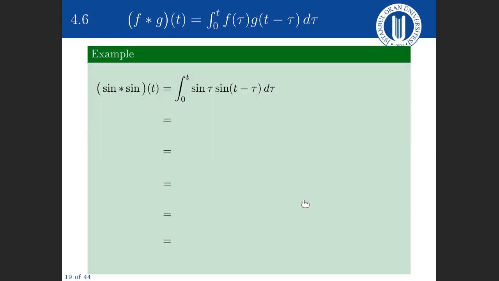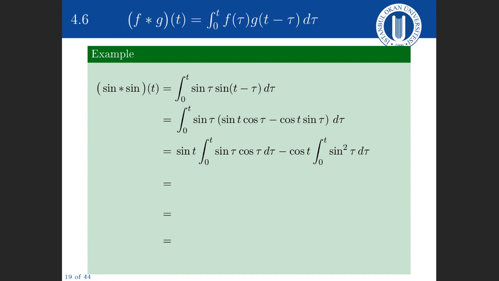I also want to do sine convoluted with sine. So we put sine into our formula. This is the integral from 0 to t of sine tau, sine t minus tau d tau. And I want to calculate this integral. Sine t minus tau is the same as sine t, cos tau minus cos t sine tau.